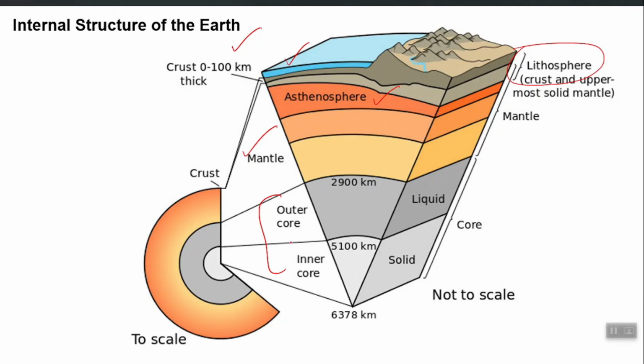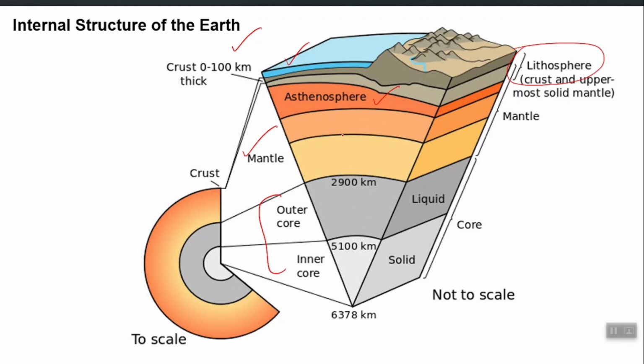Outer core is liquid, mostly made of molten rocks. Inner core is solid, mostly made of iron and nickel, and this is the reason why we have a magnetic field for Earth, right. Earth also has a magnetic field, which means it is a big magnet, right. It has a north and south pole, and it has a very weak magnetic field.